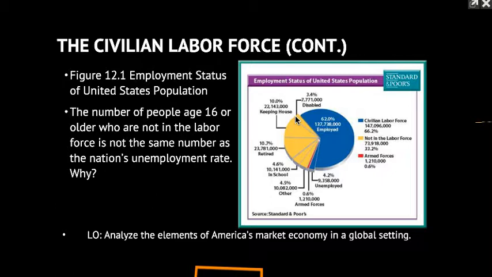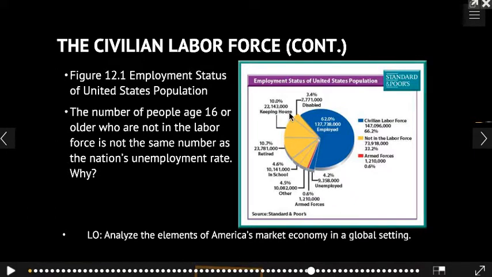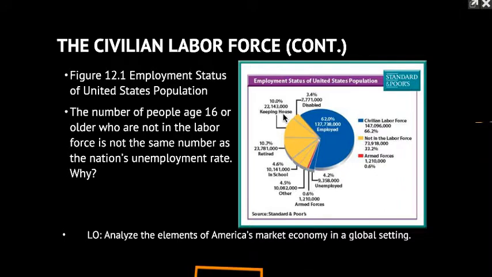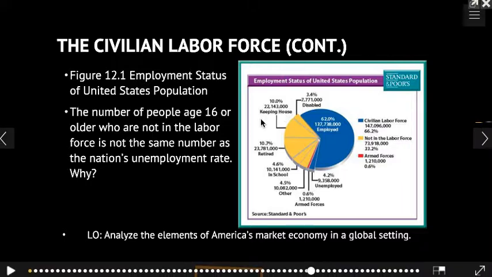3.4% for the disabled, 10.9% keeping house. That would be like stay-at-home moms or stay-at-home dads, or even if they're not a parent, but they choose to be supported by a spouse or a significant other.